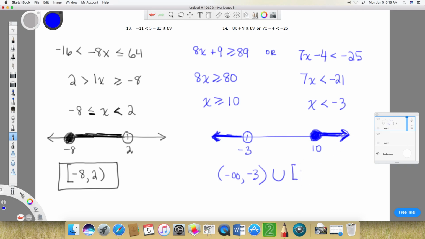So the other set includes the endpoint 10, and the right arrow is shaded, so that's going out to positive infinity. So here's my solution set for this compound inequality at number 14, and I had to have that U for union.